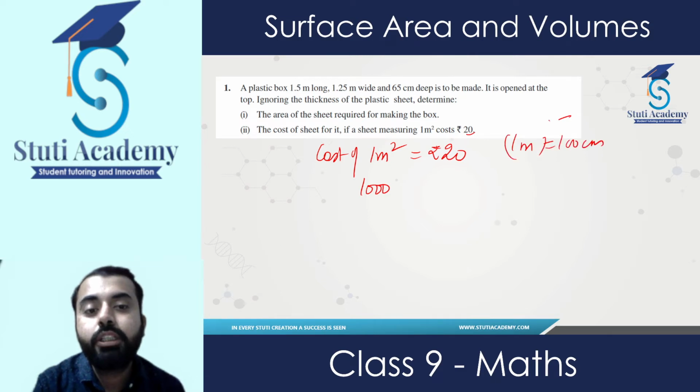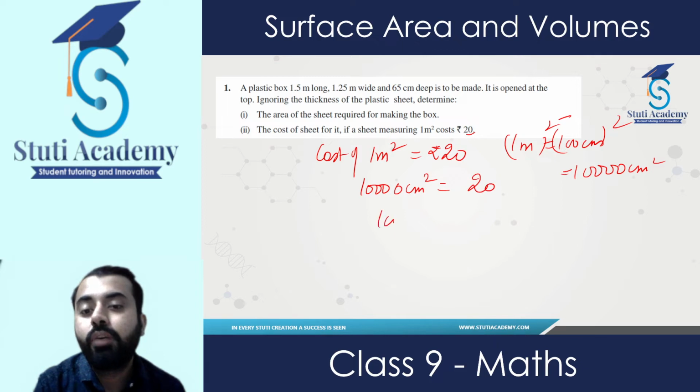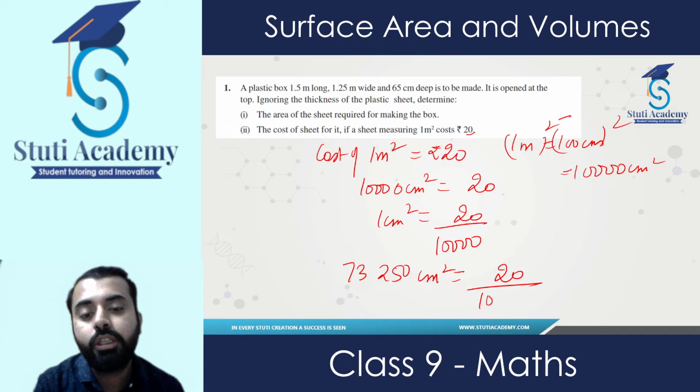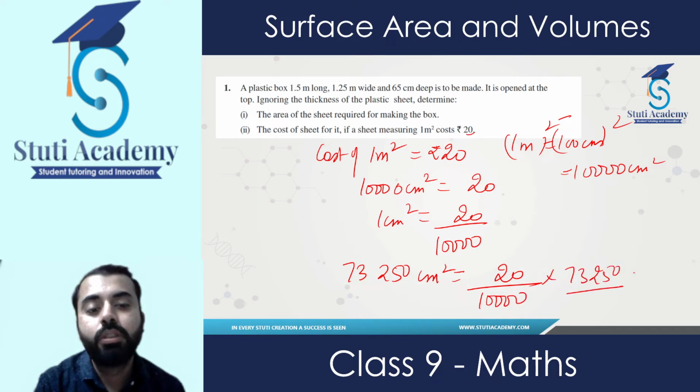You have to square it, and you get 10,000 centimeter square. 10,000 centimeter square costs 20. 1 centimeter square costs 20 by 10,000. Now you have 73250 centimeter square. It will be 73250 into 20 over 10,000. Whatever you get here, that will be your cost.